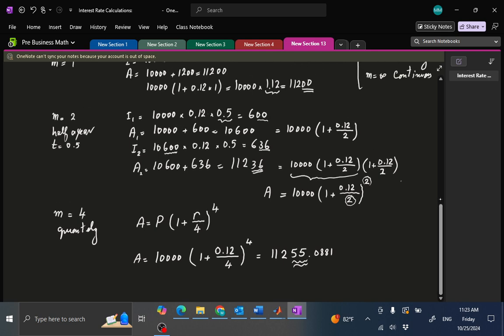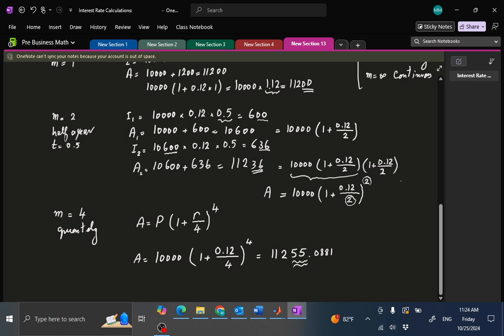We went for 1 year from 11,200. Every half a year, semi-annually, we earn $36 extra compared to that. Now we are earning $55 extra compared to that. Because of what? Because we are taking the interest, putting it back into the account, and the interest is earning interest. That's what's called compound interest.